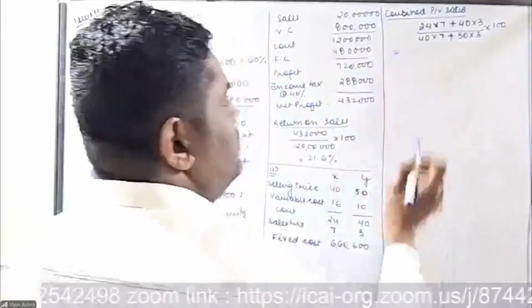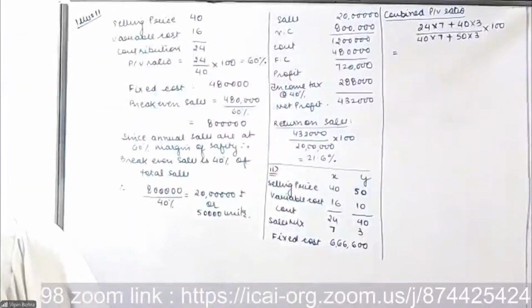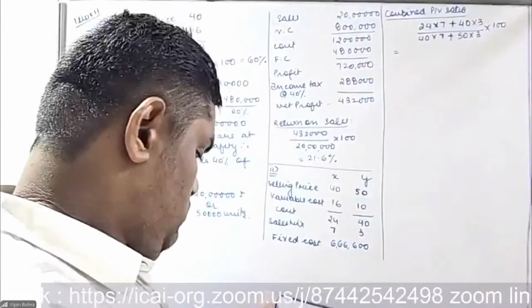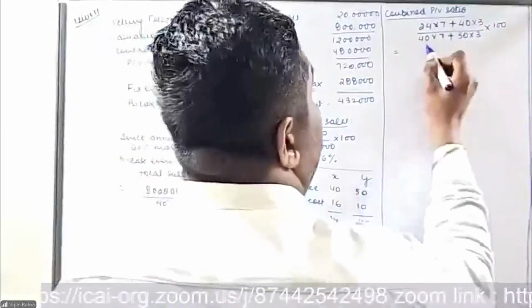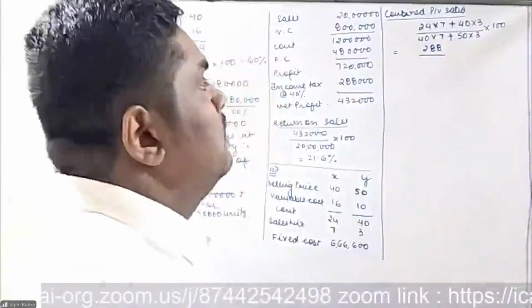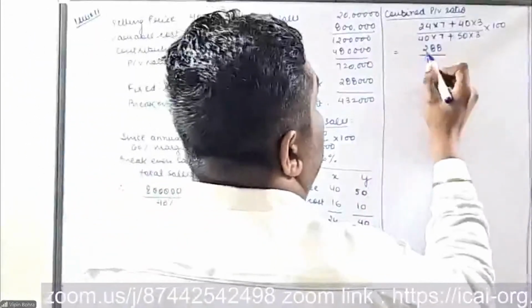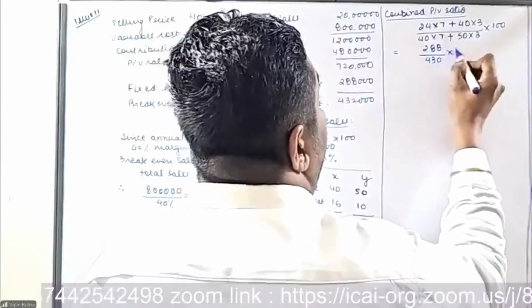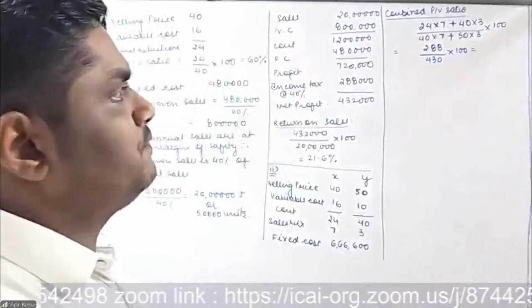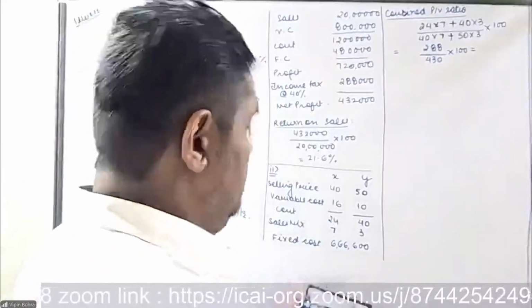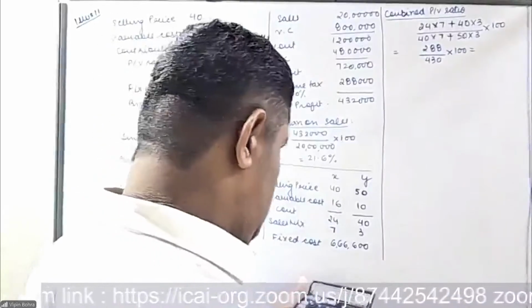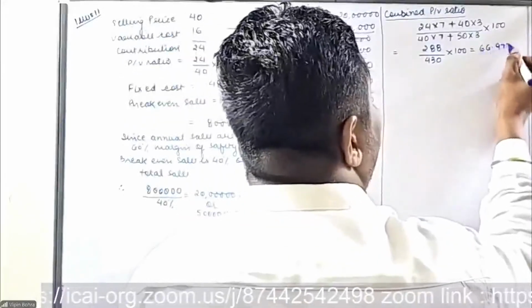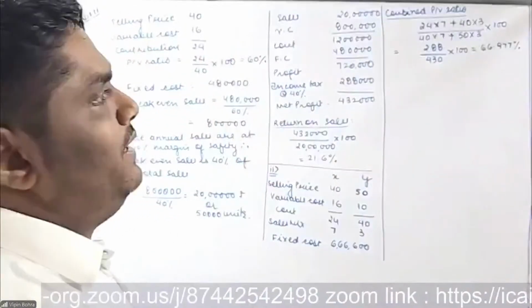So here my combined PV ratio will be 288 by 430 into 100. So this will be 66.977.